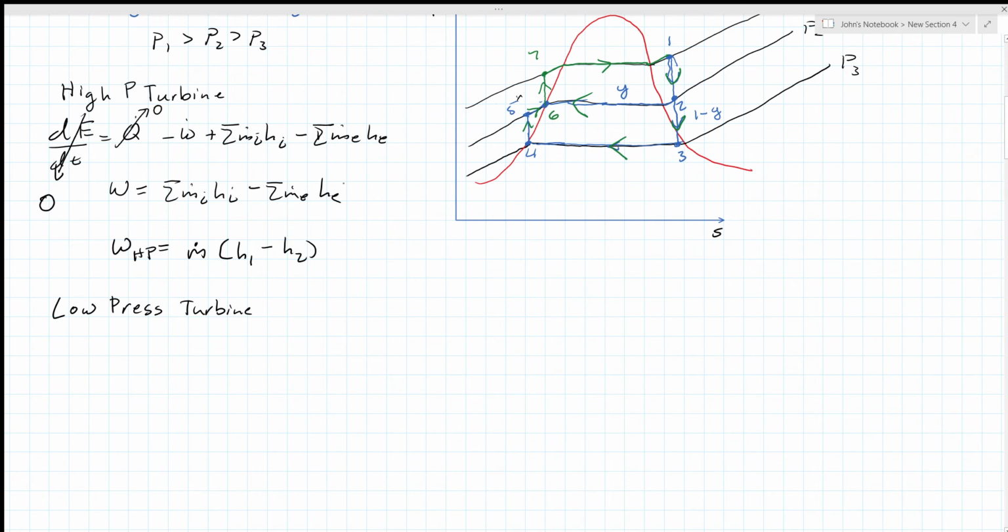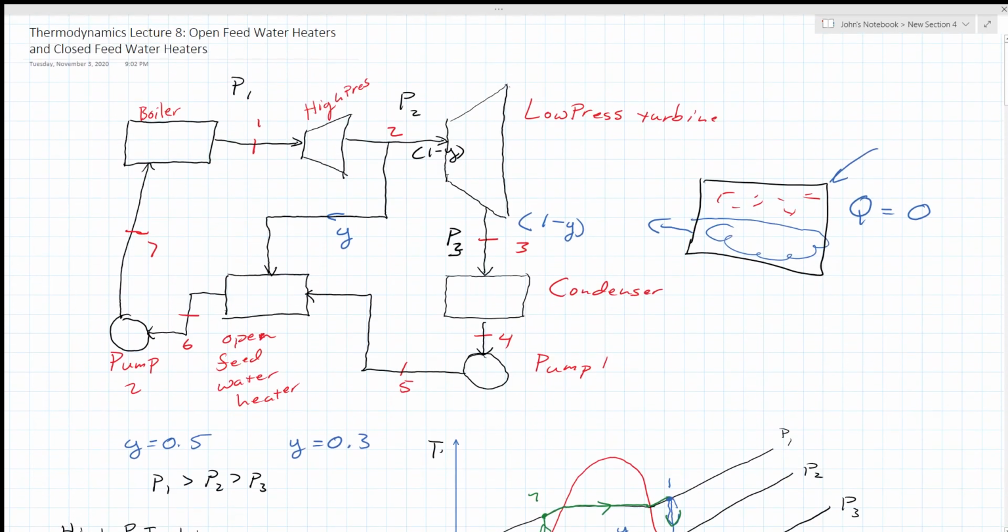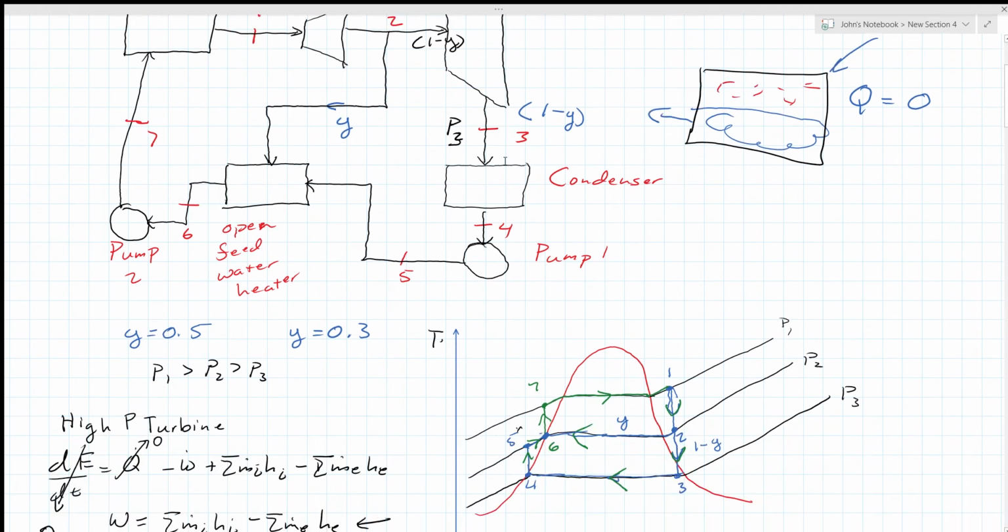Using this equation, the work of the low pressure turbine is equal to 1 minus Y, because it's a fraction of my mass flow rate going through my control volume, so 1 minus Y times the mass flow rate times H2 minus H3. Again, some of the mass is siphoned off for the open feed water heater, and the rest of the steam goes through the low pressure turbine.